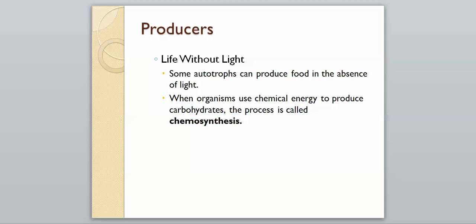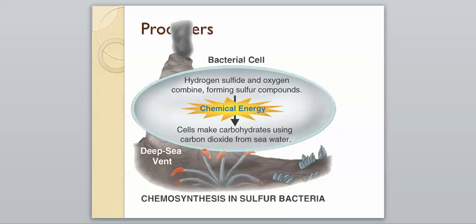Here's an example of a bacterial cell that lives down in the deep sea vents of the ocean where there's no sunlight. They can use things like hydrogen and oxygen combined to make their energy. They don't actually use the sunlight; they take in whatever they have available to them at the time.